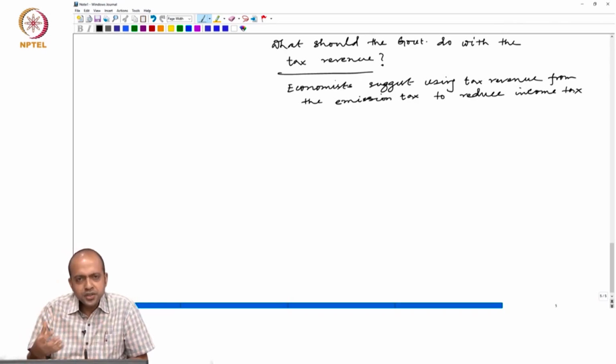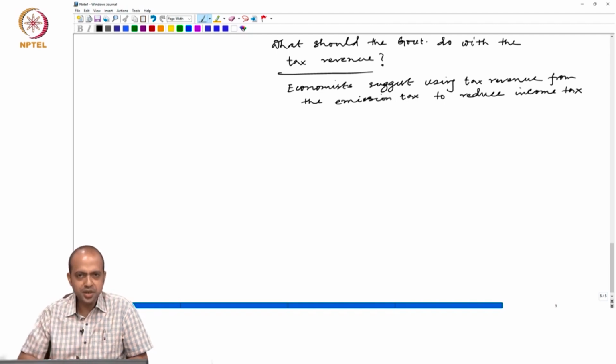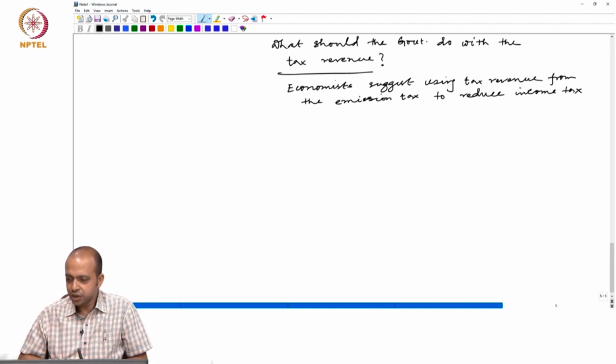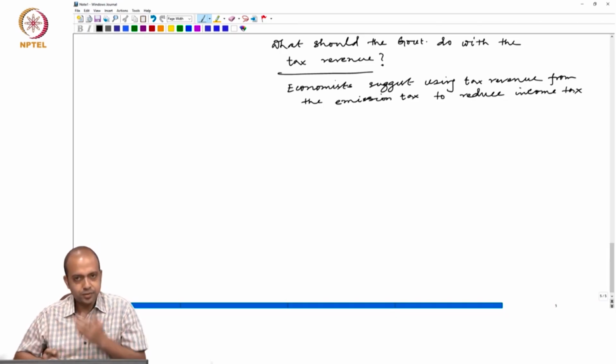So, when government is getting some amount of revenue from this emission tax, why not reduce the income tax rate?